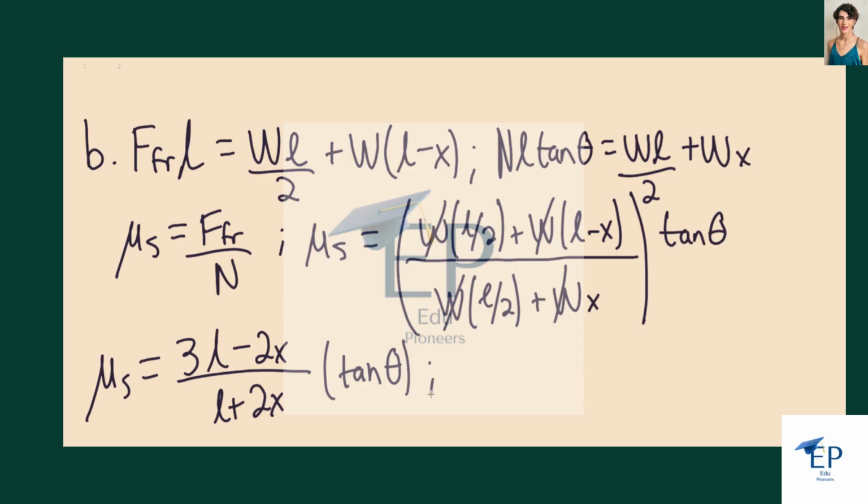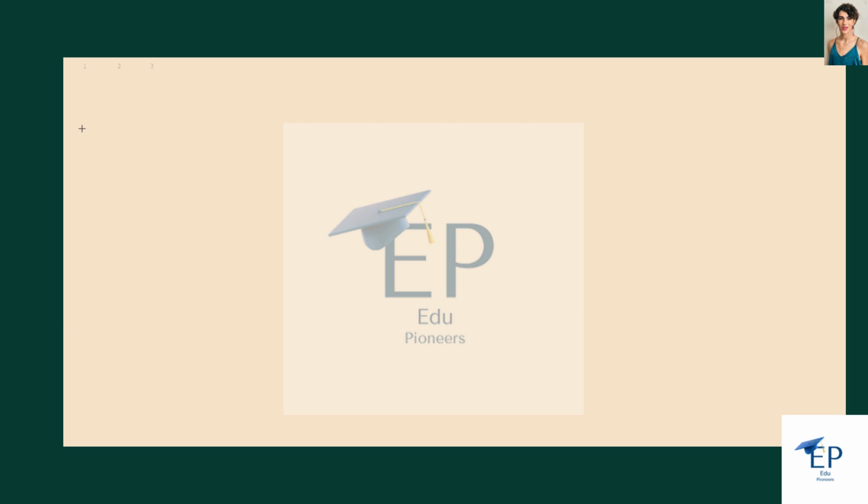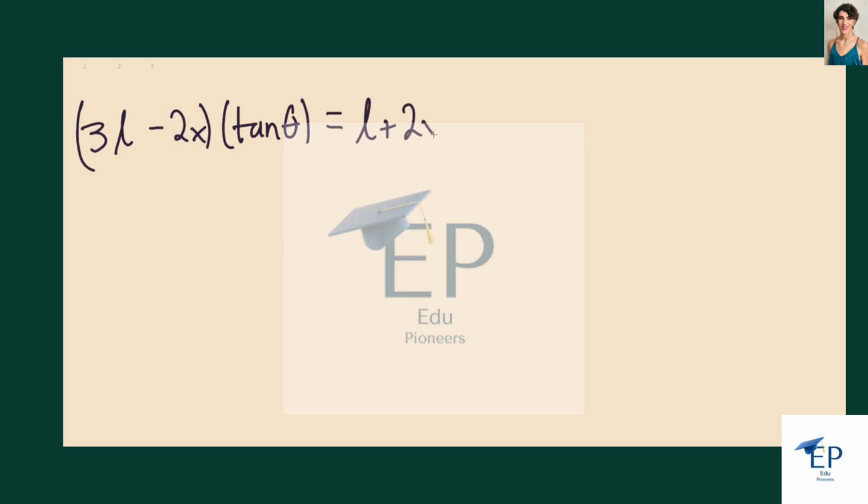And we can say that L plus 2x divided by 3L minus 2x will be equal to tangent of theta divided by the coefficient of static friction. We can solve, we can say that 3L minus 2x times the tangent of theta would be equal to L plus 2x times the coefficient of static friction.